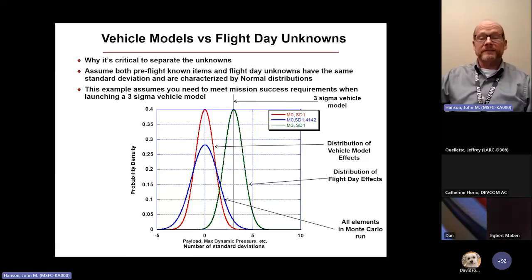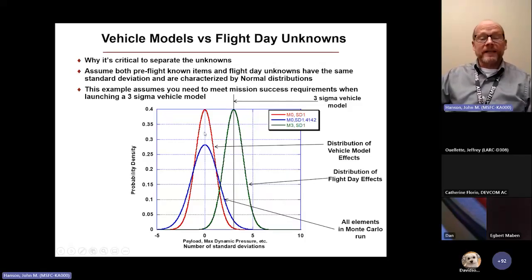So the red is vehicle effects, the green is flight day effects. And if we just threw them into one Monte Carlo hopper, the mean of this would be 0, and we would get this blue curve, which is just a little bit more uncertainty in the outcome because we have both of these things together in one sim.